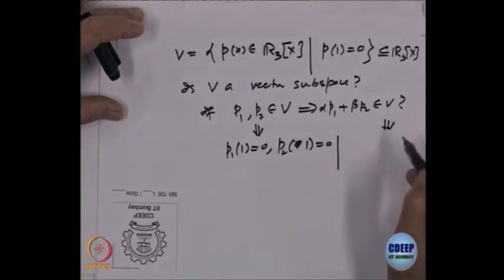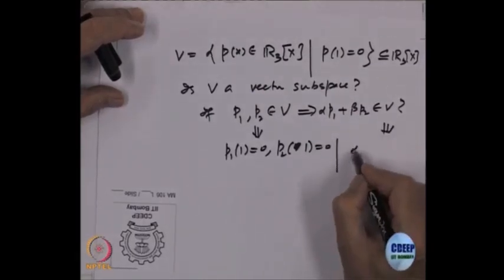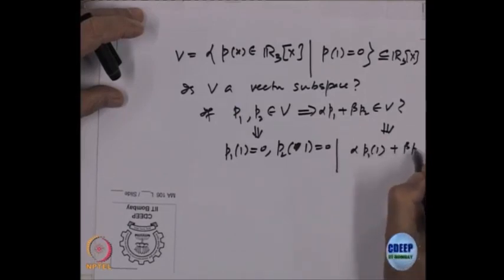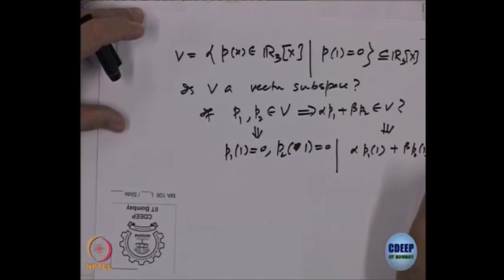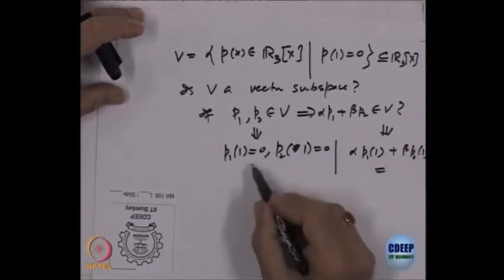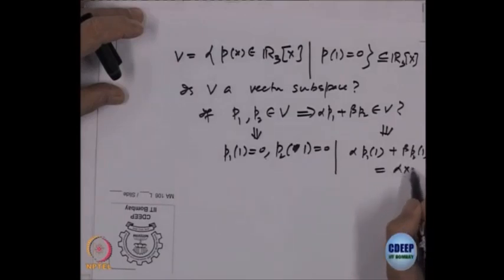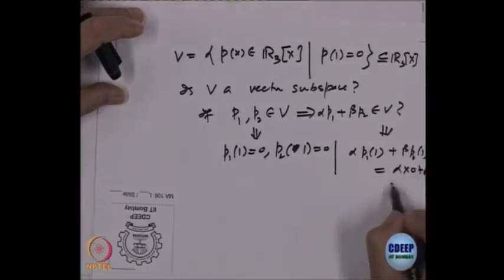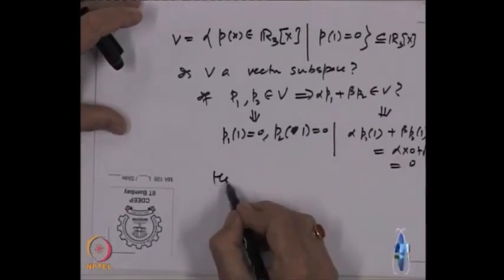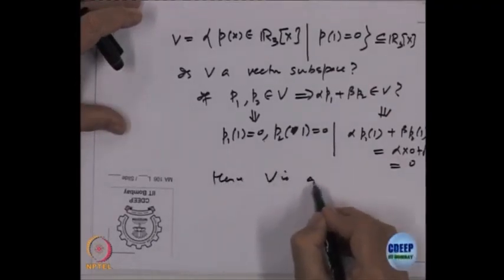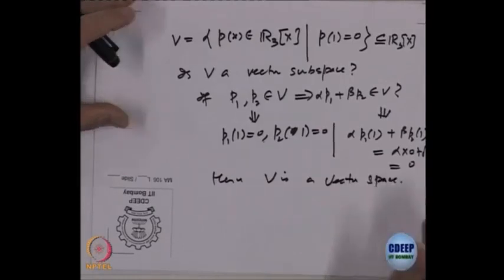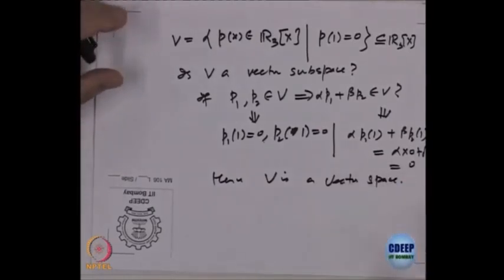And if I have to check, alpha p1(1) plus beta p2(1) should be equal to 0. But what is this equal to? This is 0, this is 0, alpha times 0 plus beta times 0, that is equal to 0, right. So, hence V is a vector space in itself, it is a subspace.